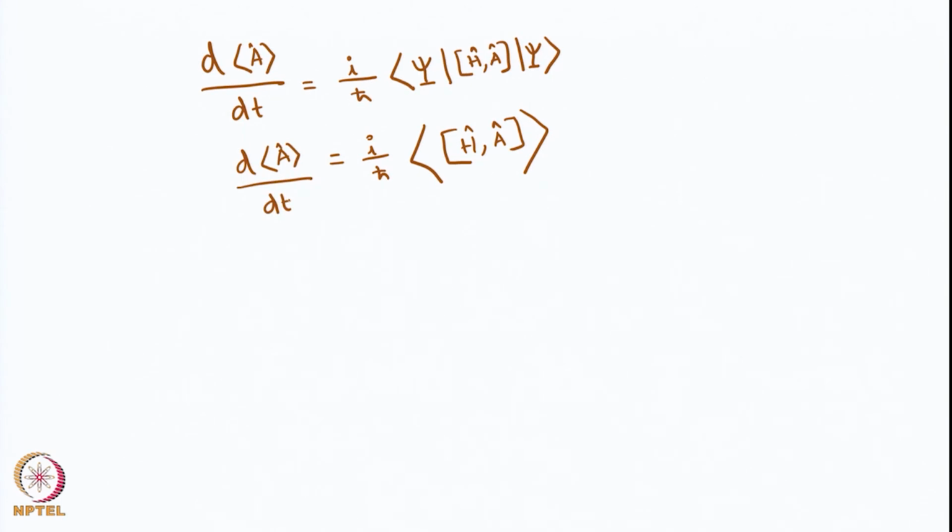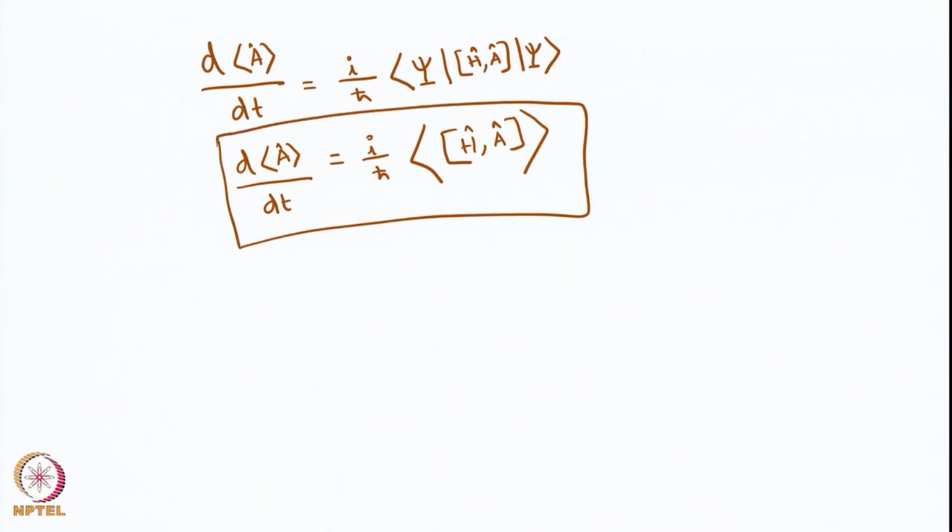Okay, what does it mean? This is a very important formula. It says that if an operator A commutes with H, the commutator [H, A] will go to 0, and then dA/dt will be equal to 0.